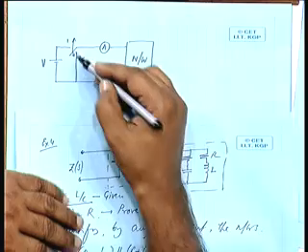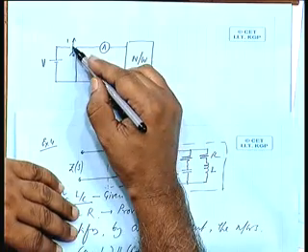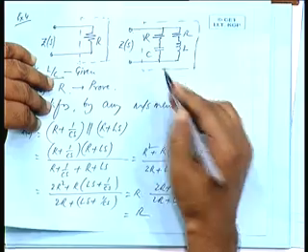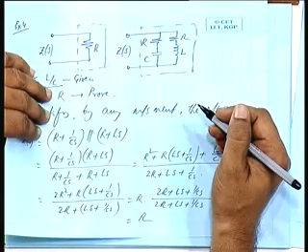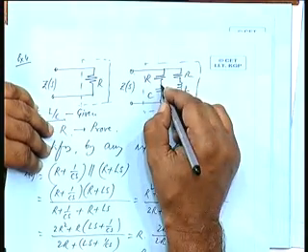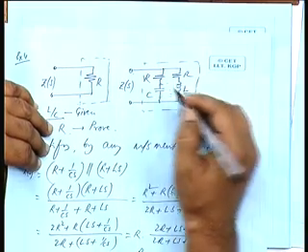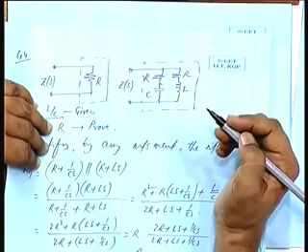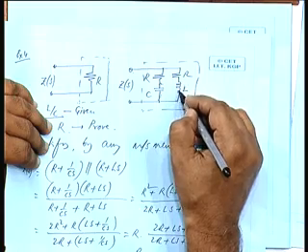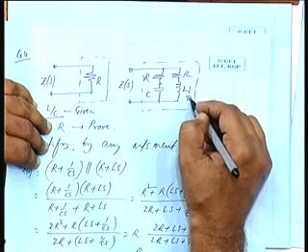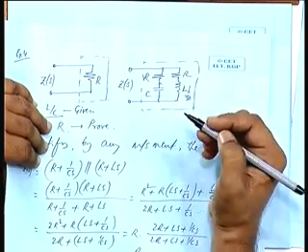Now, if I suddenly put the switch onto position 2, what will happen to this? There is a voltage V that is appearing across this, there is no current through this and there is a current that is V by R that is flowing through this inductor.